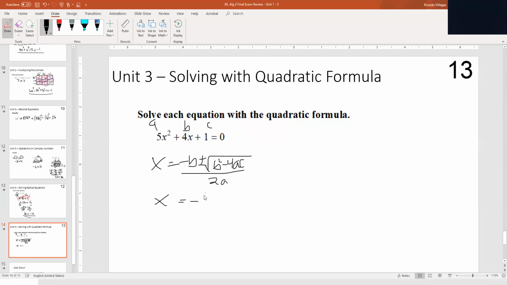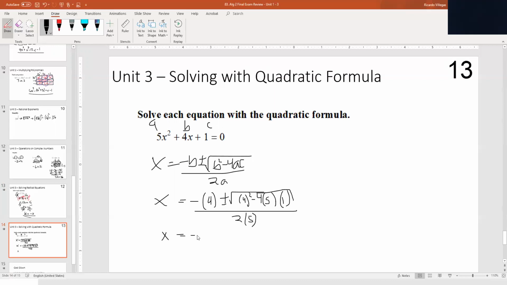So -b would be negative parentheses times -4 plus or minus square root of 4 squared minus 4 times a. A in this problem is the 5. And then c in this problem is the 1. All over 2 times a, which is 5.